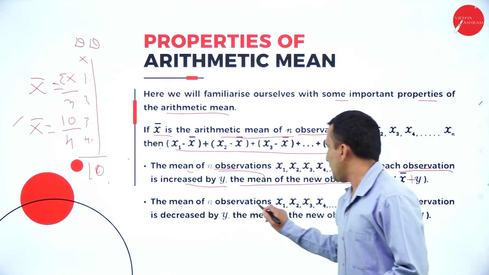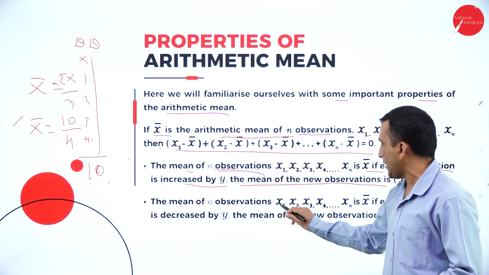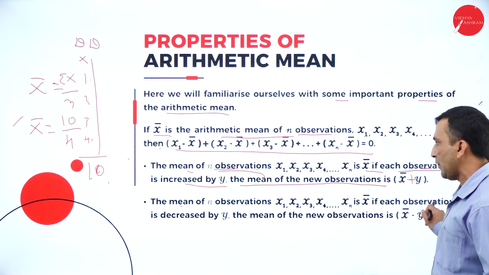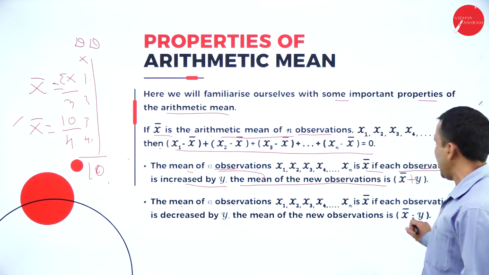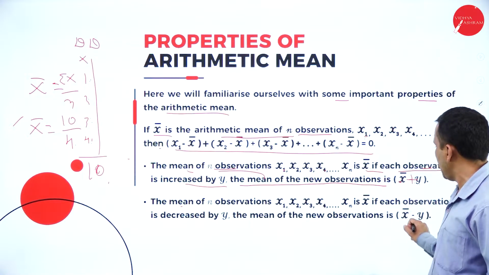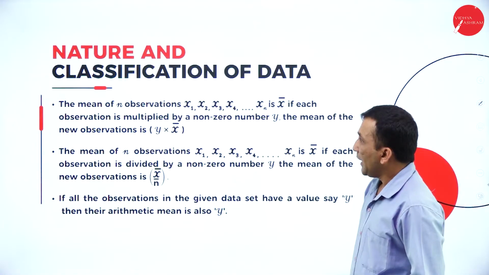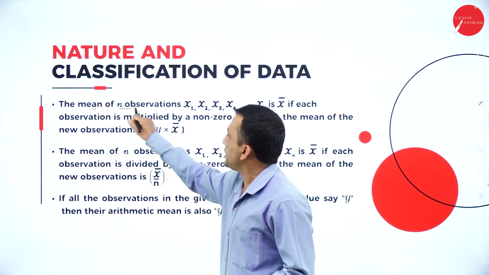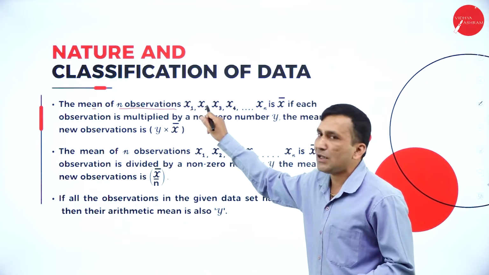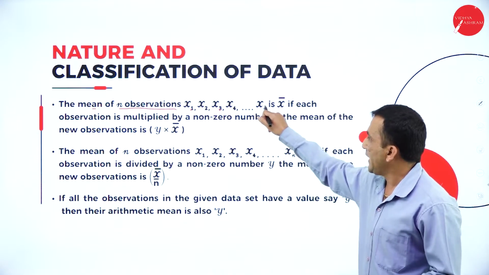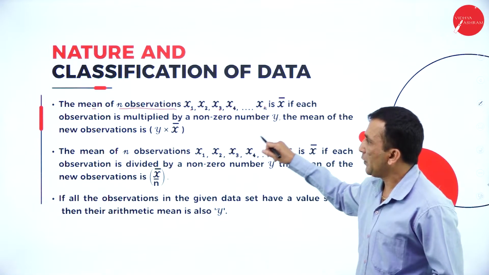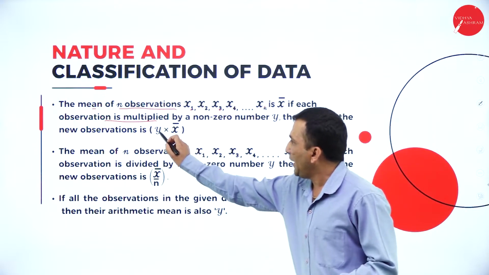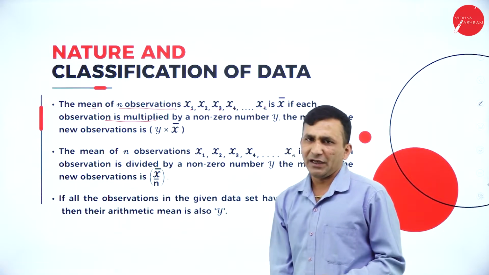The mean of n observations in the set of data x1, x2, x3, x4 till xn is x bar; if each observation decreases, you write minus here. Decrease is minus, increase is plus. In case of multiplication, the mean of n observations x1 to xn, how do you find it? Multiplication is very simple: y multiplied into the arithmetic mean x bar.